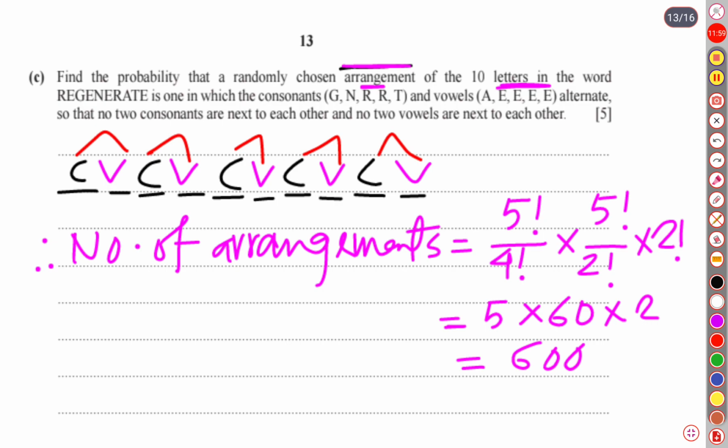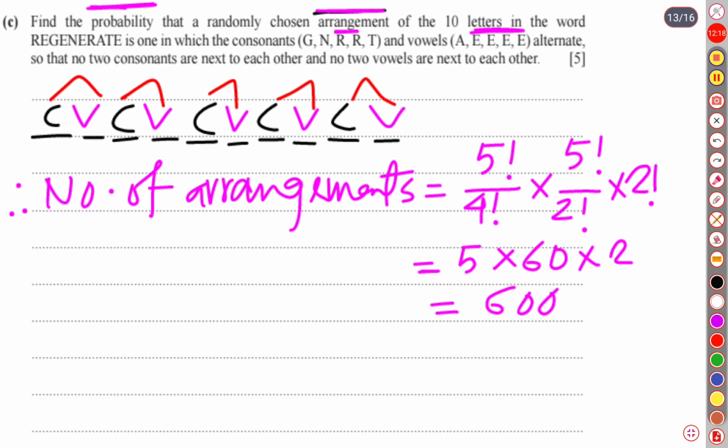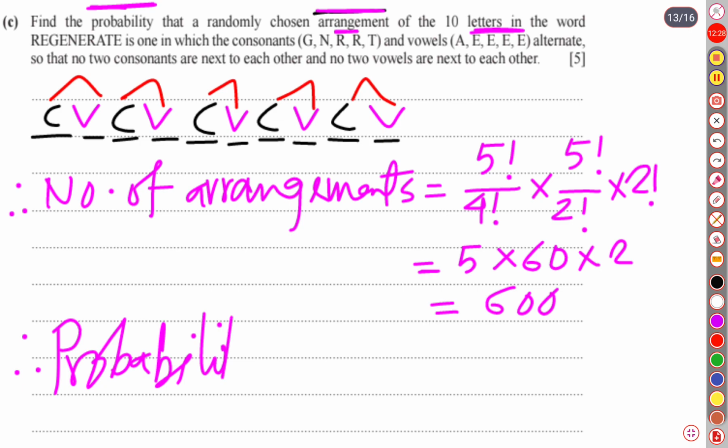Well, we should not forget that the question has told us not to find the number of arrangements. They have told us to find the probability. So probability is simply we will divide these arrangements by the total number of arrangements. So the probability is equal to these arrangements, 600.